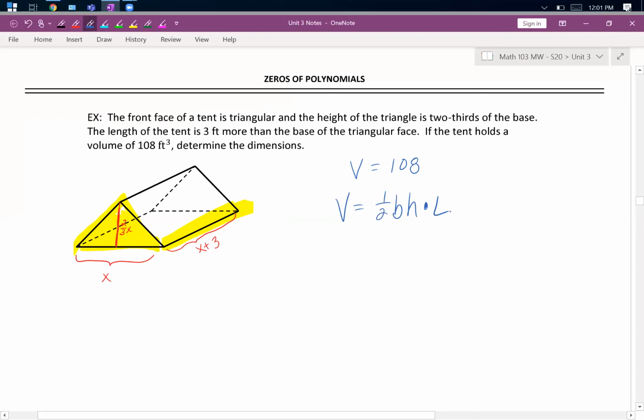And that'll be our area formula. I'm sorry, our volume formula. We get the equation 108 equals 1/2 times x times 2/3 x times x plus 3.